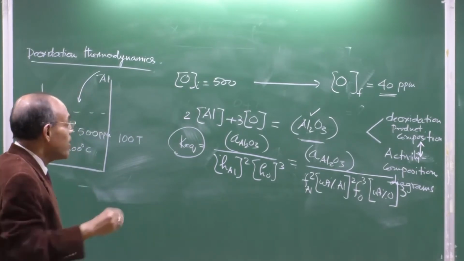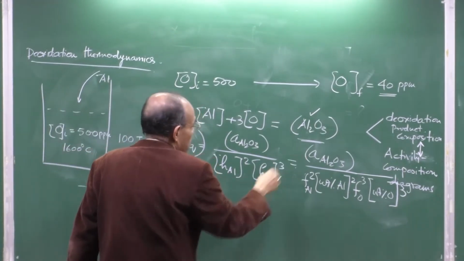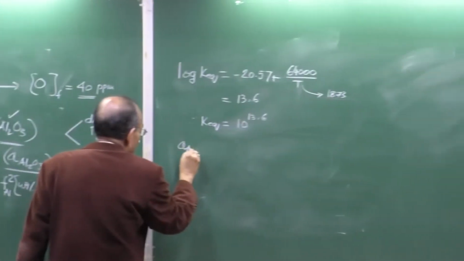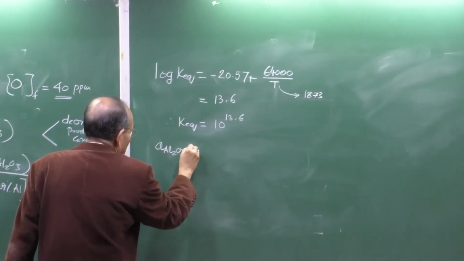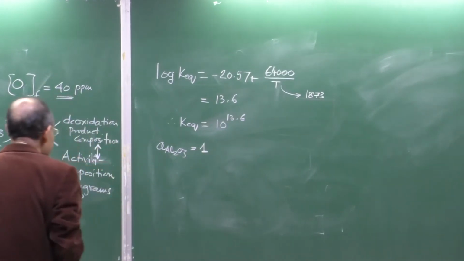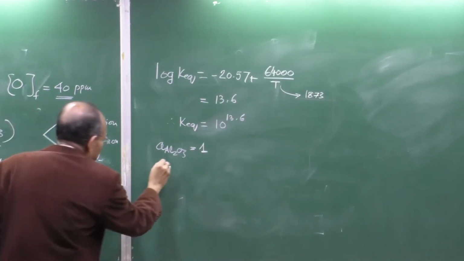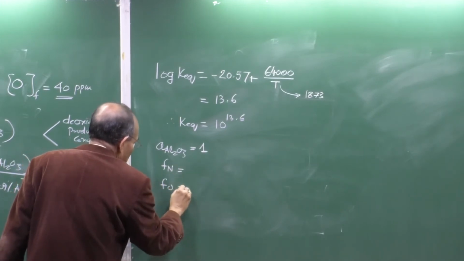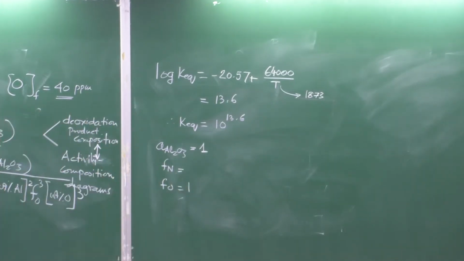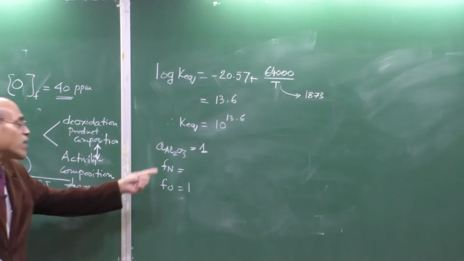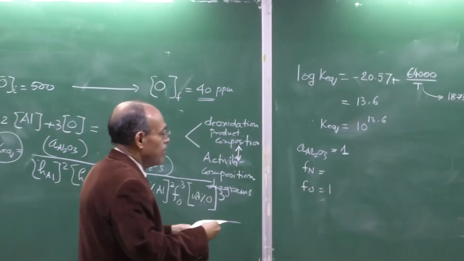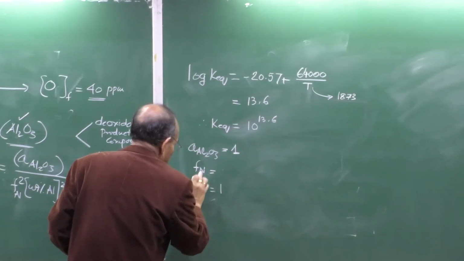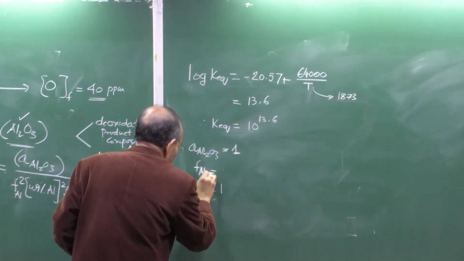First assumption we are making is that the activity of Al2O3 is 1, as it is a pure phase, as I said when I posed the problem. Let us say that the Henrian activity is also equal to 1, because if they are not equal to 1, then you have to calculate the activity coefficient of aluminum.